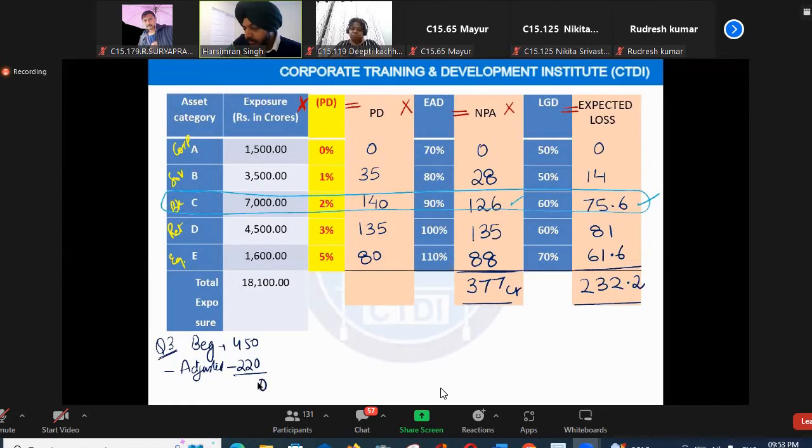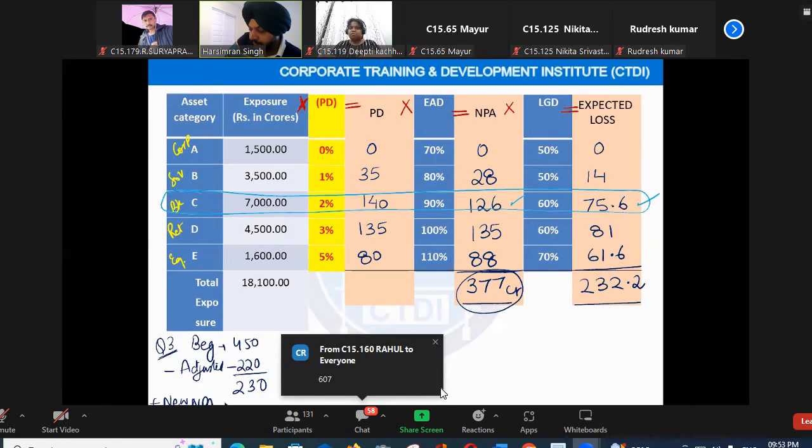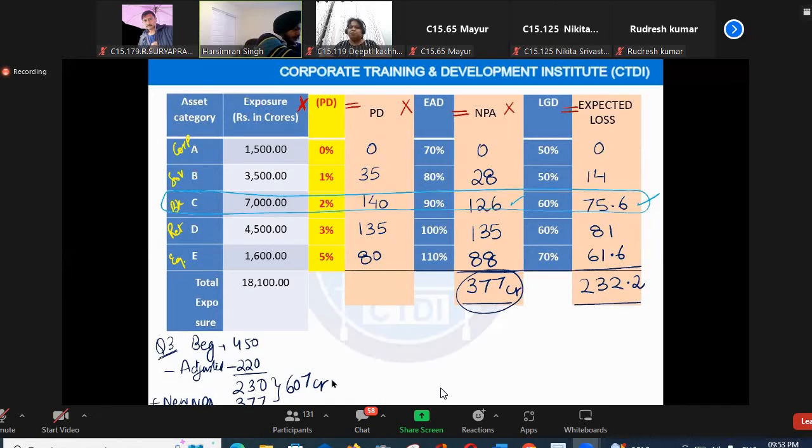How many are left? 230. And what was the fresh NPA this year? Plus new NPA 377. So what is the total? 607 crores. Is that clear? Is it okay? Yes or no?